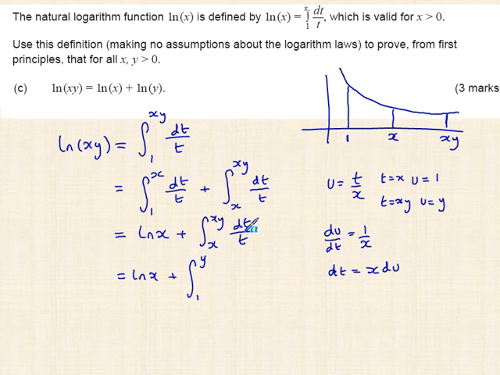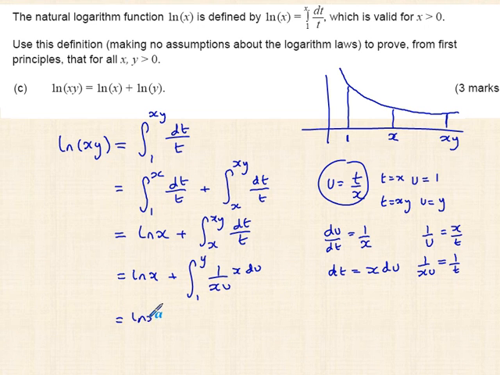So substituting in here, we need a substitution for 1 over t, and if we rearrange this, 1 over u is equal to x over t, so 1 over t would be equal to 1 over xu. So we have 1 over xu for the t. Let's just tidy that up. This would be xu. And then our dt is x du, and the x's cancel.